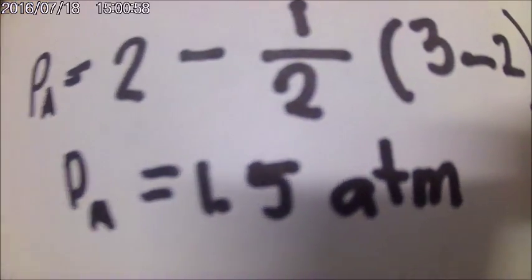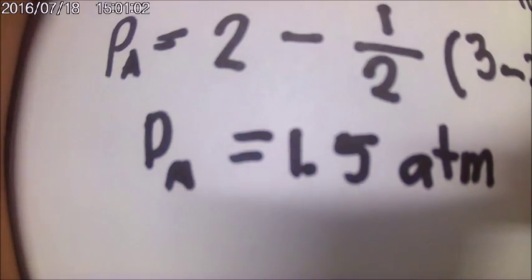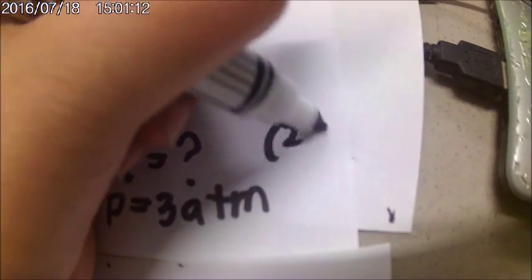So, since we already have the value of our PA, we can proceed to solving for the time from equation 2. So we have negative ln of 1.5 over 2 equals 0.03133 t.